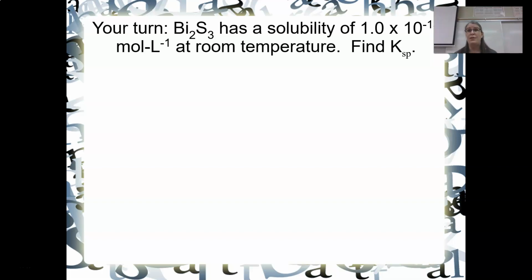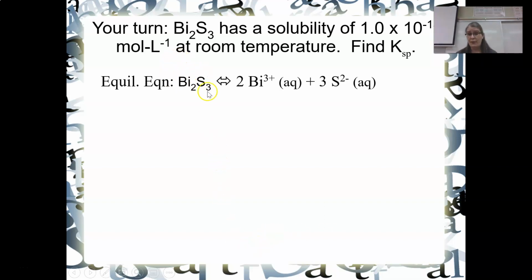And I really think that it is so important to keep you from making little mistakes. So if I start by writing the equilibrium expression, one thing it's going to do is make me remember that this is going to be 2 times the solubility. And this is going to be 3 times the solubility, because the solubility is each one of these bismuth sulfides.